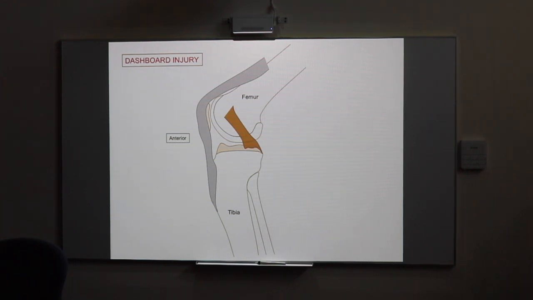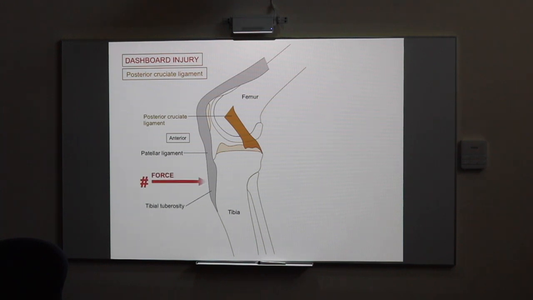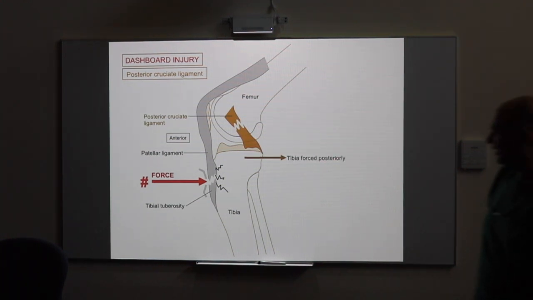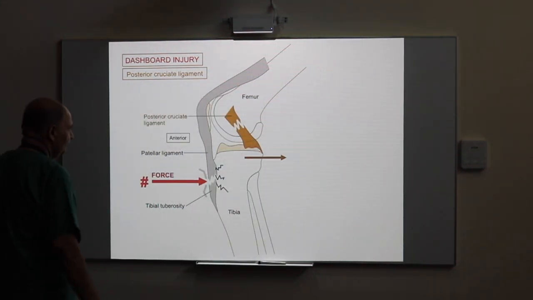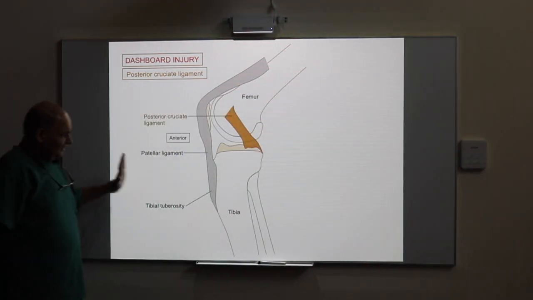But what is more particular is if you hit the tibia. So let's see what happens. We'll talk about the PCL here. There's a force, and this force causes too much posterior displacement of the tibia.